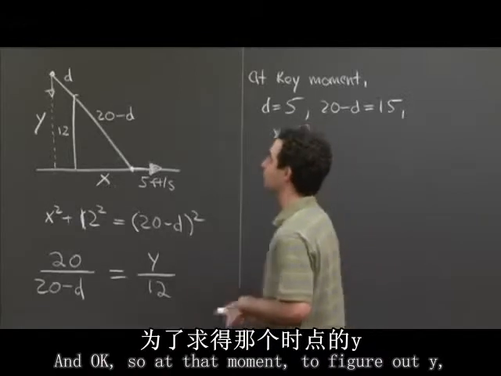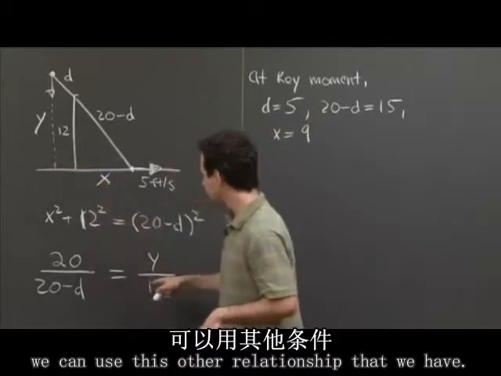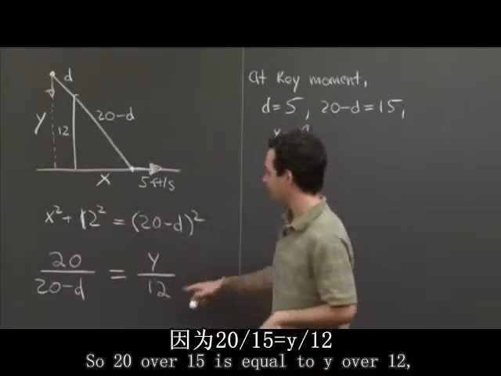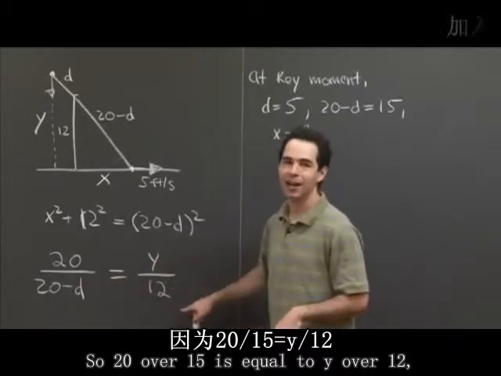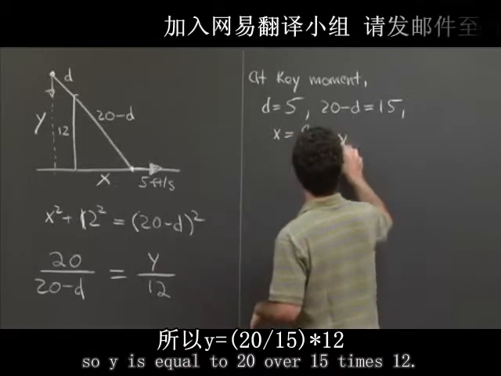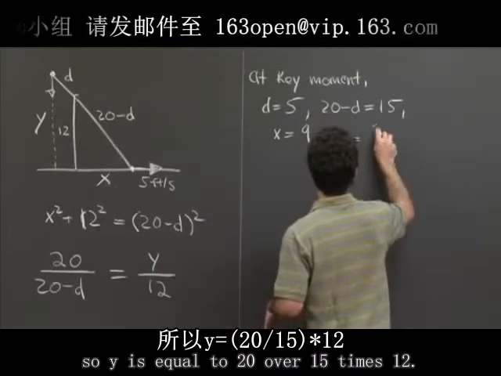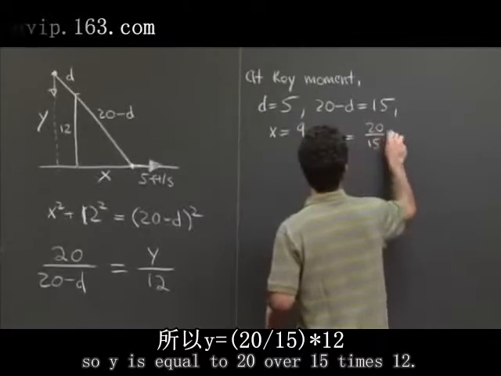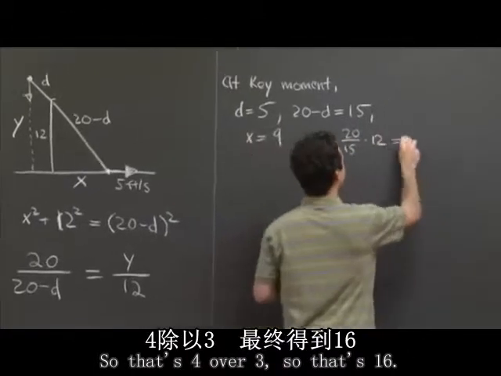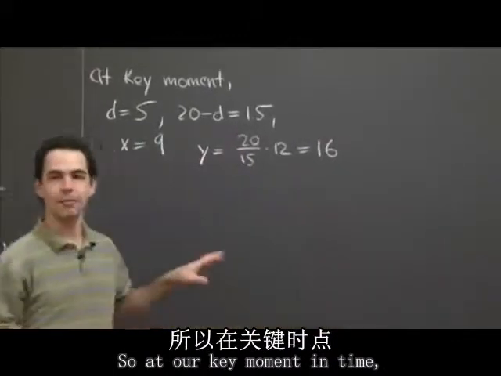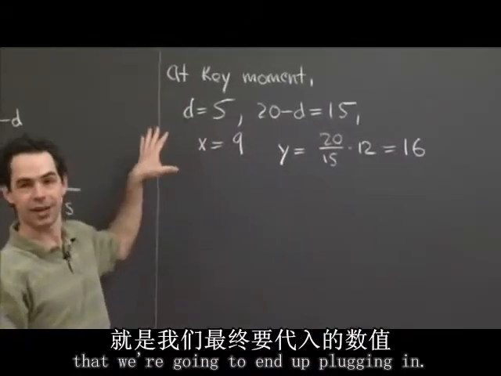And okay, so at that moment, to figure out y, we can use this other relationship that we have. So 20 over 15 is equal to y over 12. So y is equal to 20 over 15 times 12. So that's 4 over 3 times 12, so that's 16. So at our key moment in time, these are the values that we're going to end up plugging in.